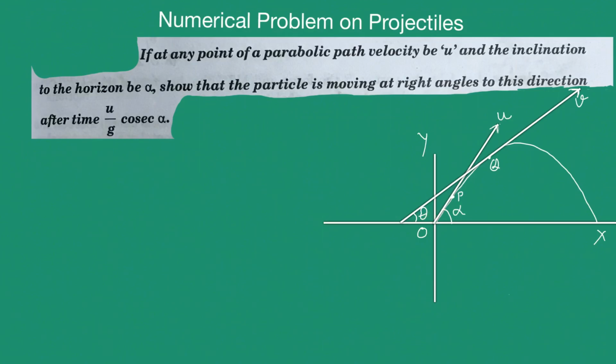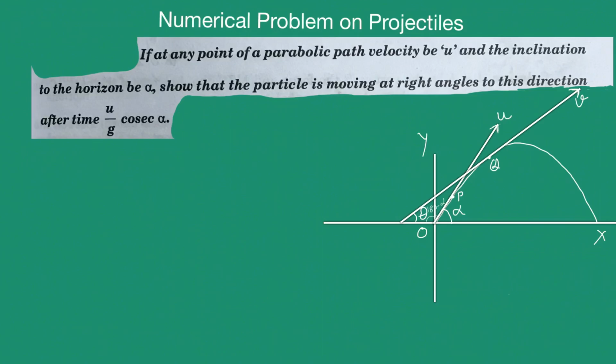So if I say that this angle is 180 minus alpha, and then we know that in a triangle the total angle is 180. So this is theta, this is 180 minus alpha. So what will this angle be?